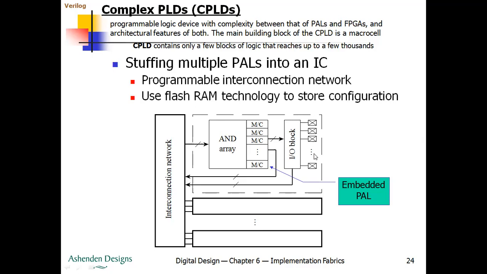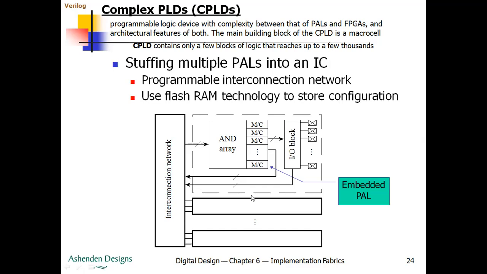As you can see here, this dashed box is nothing but a PAL, and you can have the connection of multiple PALs through the interconnection network. So many PALs have been connected together using this interconnection network, and the interaction with each other will happen with the help of this interconnection network only.